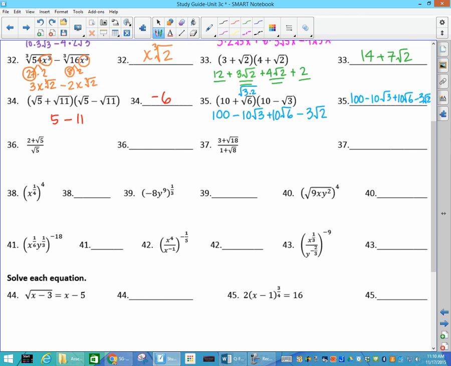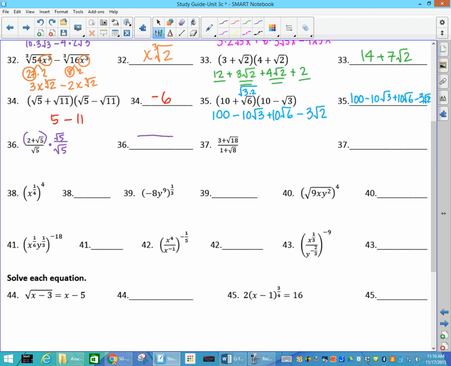Okay, moving along. 2 plus the square root of 5 over the square root of 5. Okay, pay attention to the difference between these two, y'all. This has a plus sign on the bottom. This one does not. So all I have to do is multiply by the square root of 5 over the square root of 5. And I would distribute it because this is a binomial.